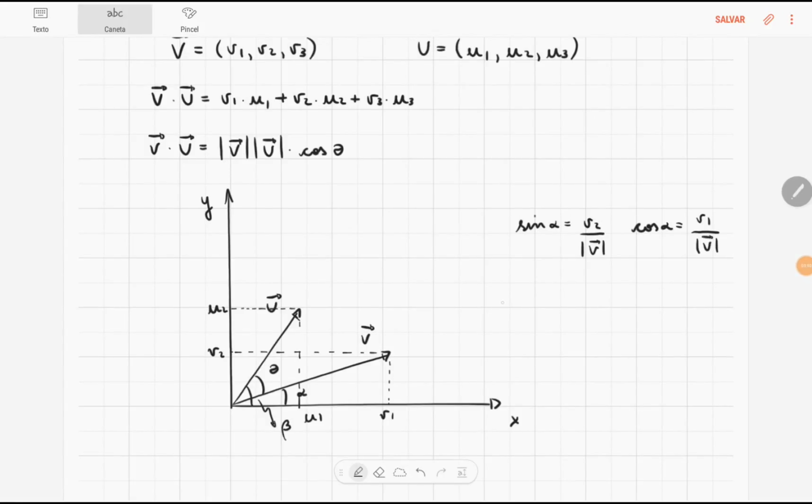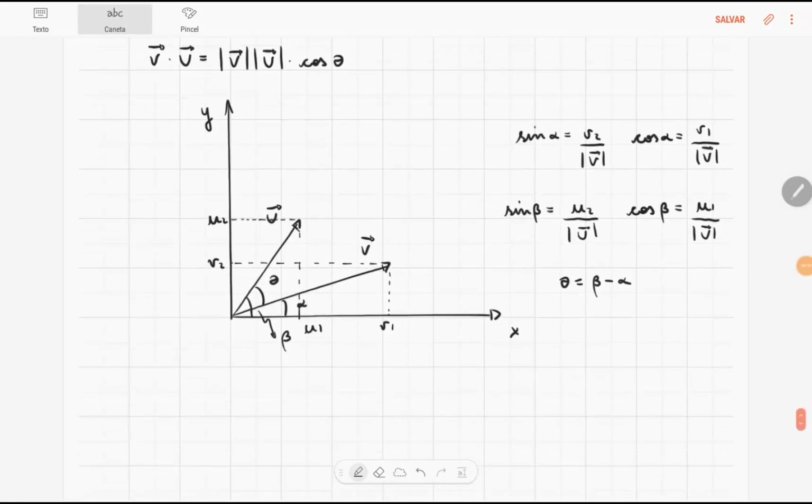And we know that the sine of beta is u2 over the magnitude of vector u, and the cosine of beta is u1 over the magnitude of vector u. And we also may write that the angle between the two vectors, theta, is given by beta minus alpha.